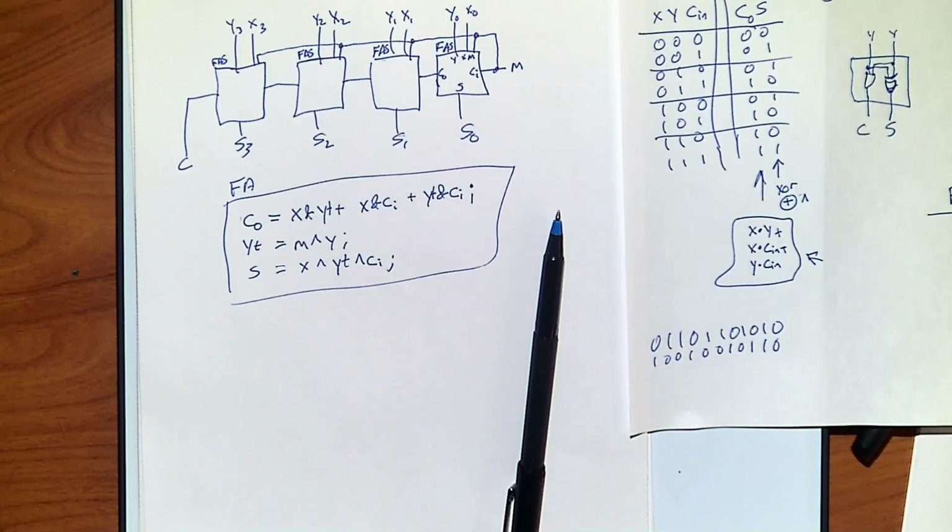And then when I'm going through my for loop, I just have to say that I'm assigning CI plus 1 to be equal to the carry out there. I replace it by CI plus 1, the next one, and the index inside would be CI.